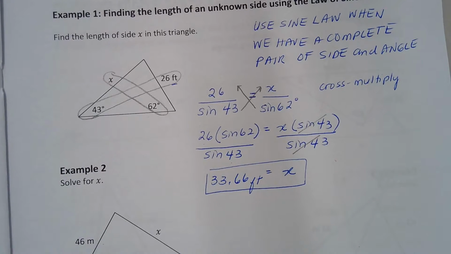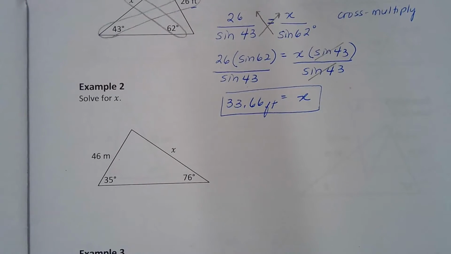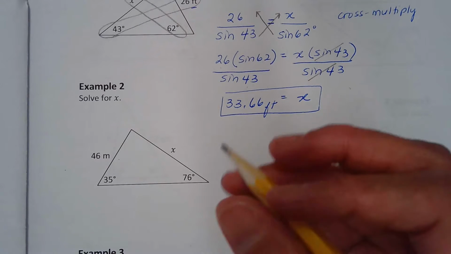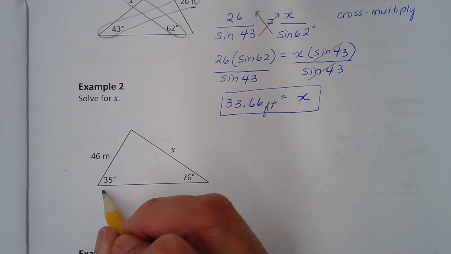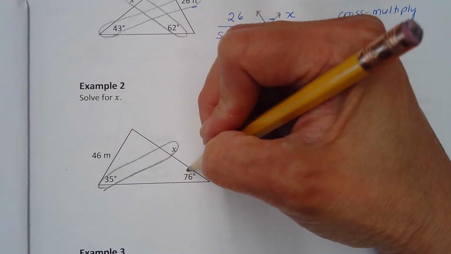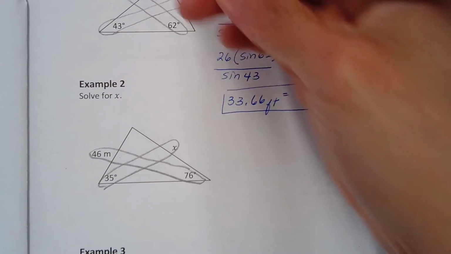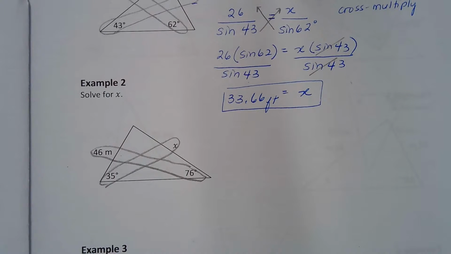So we use sine law if we have a complete pairing. Why don't you go ahead and circle the pairings? Which ones are paired up, angle and side? 76 pairs to 46. That pairs 35. Okay, so we have a complete pairing in here.